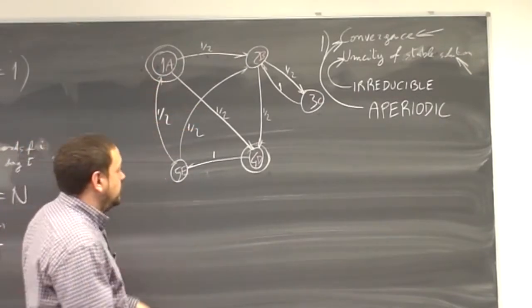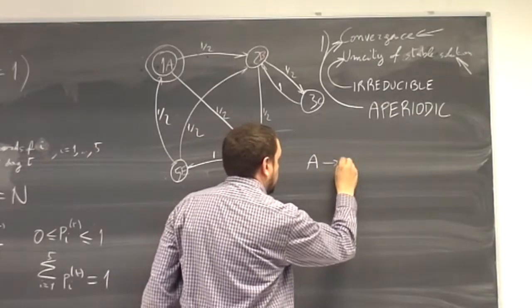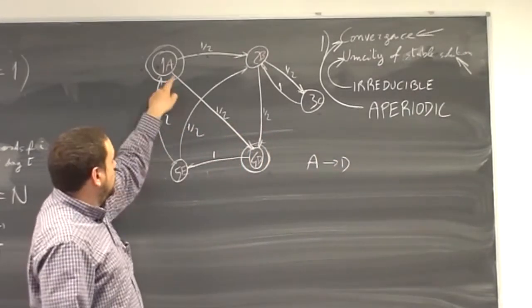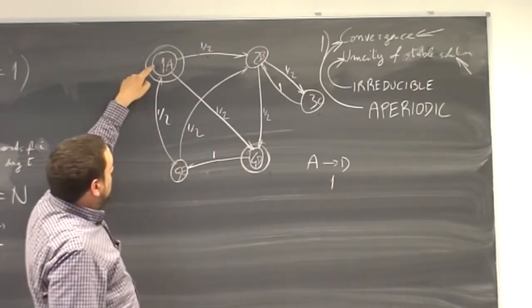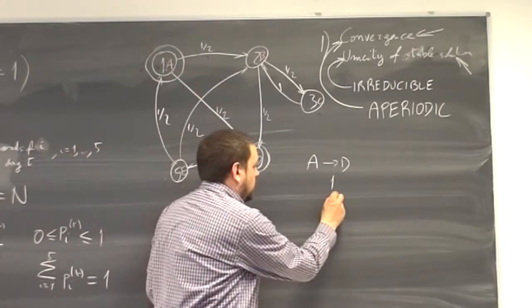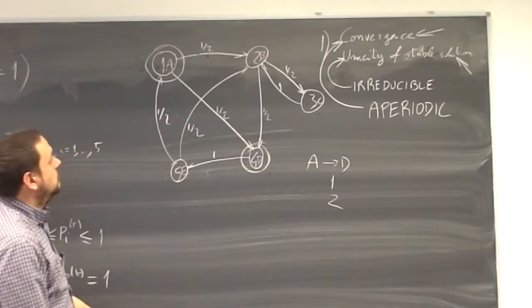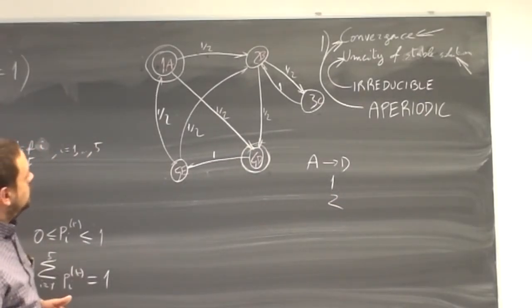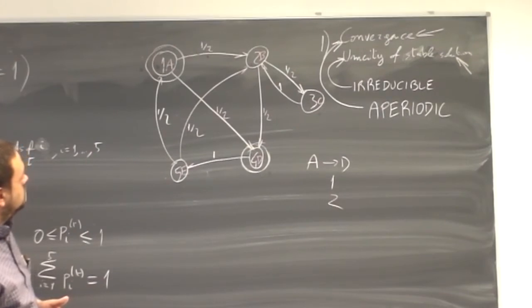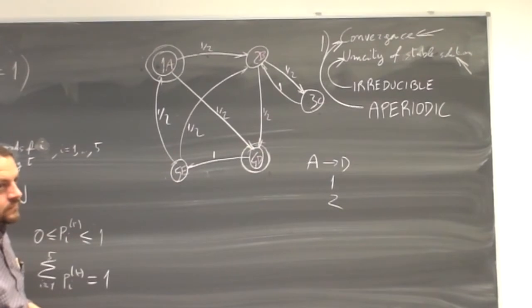For example, from A to D, you can do it in one step. You can do it in 2 steps. Can you do it in 3 steps? 1, 2, 3. Yes, because there is BC.